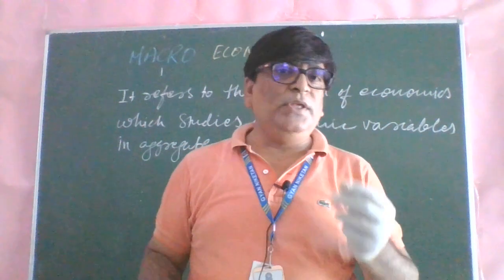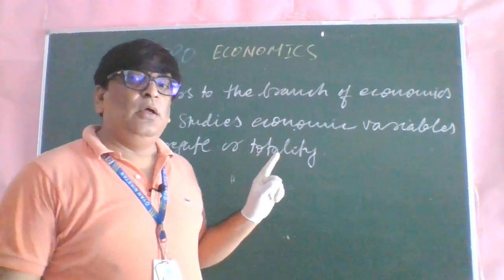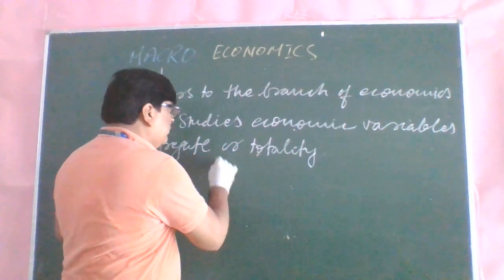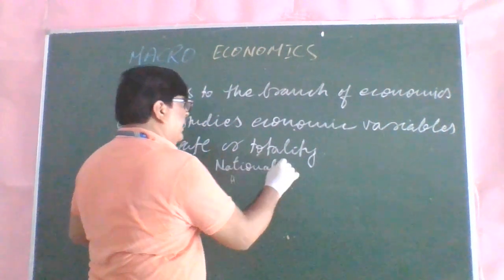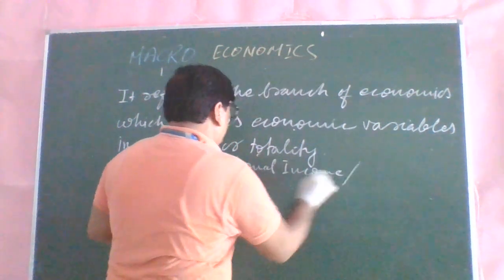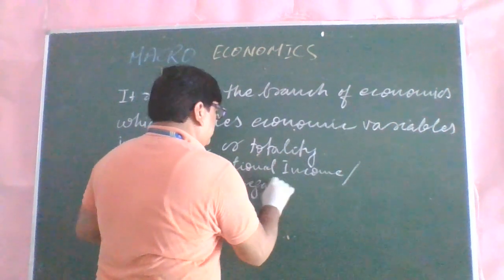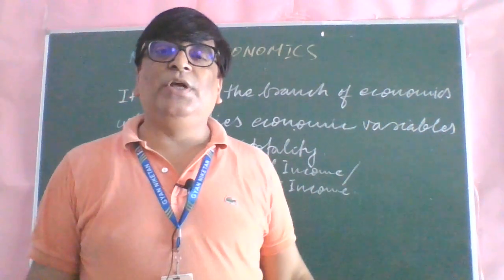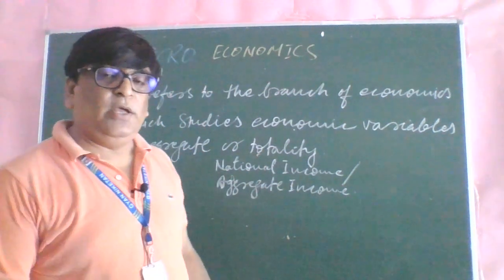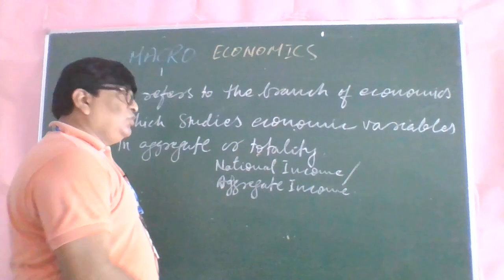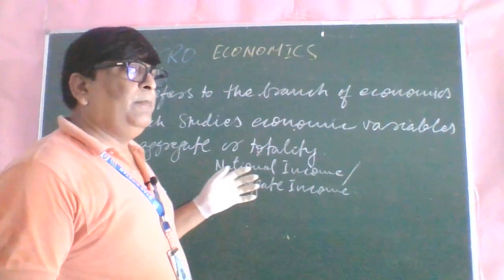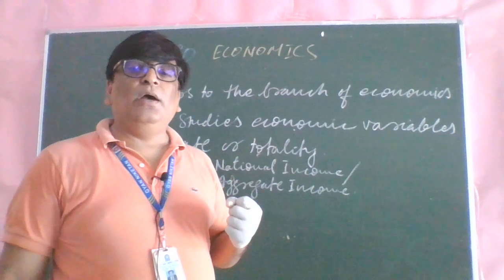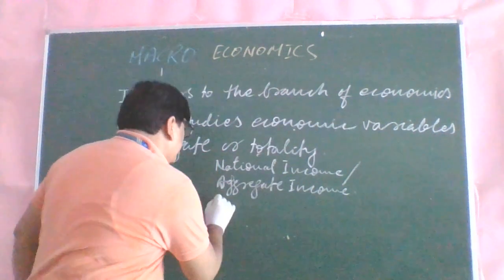सो यहाँ पे माइक्रो में हमने क्या देखा? इंडिविजुअल इनकम. मैक्रो में क्या देखेंगे हम? नेशनल इनकम, या बोलो तो एग्रीगेट इनकम. नेशनल इनकम या एग्रीगेट इनकम इन मैक्रो. ओके. वहां इंडिविजुअल कंज्यूमर्स का इक्विलिब्रियम था। यहां पे हम क्या बोलते हैं, इक्विलिब्रियम ऑफ इकोनॉमी.